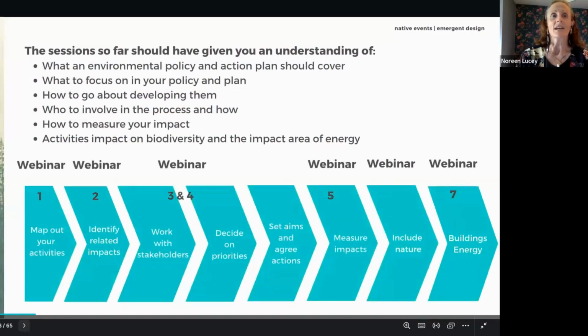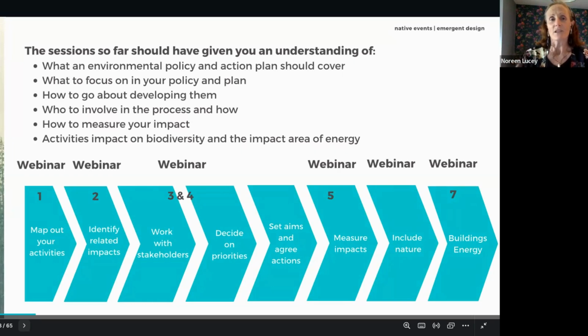Just to recap the sessions so far and where we are at the moment: we've covered the environmental policy and the action plan, what that should cover, what it looks like, how you can craft it, and what to focus on in your policy and plan.